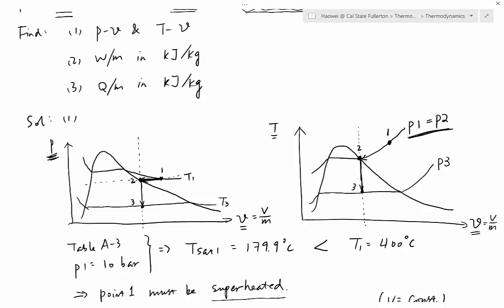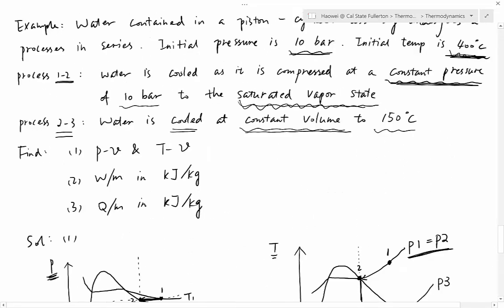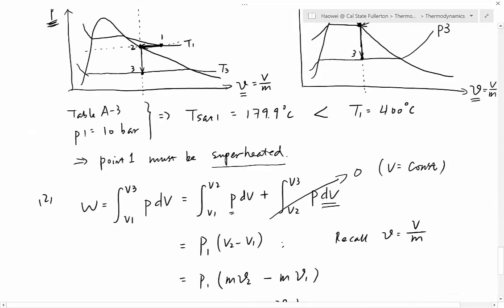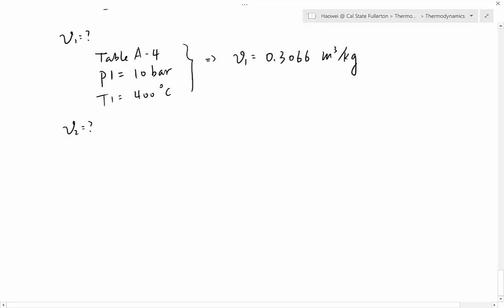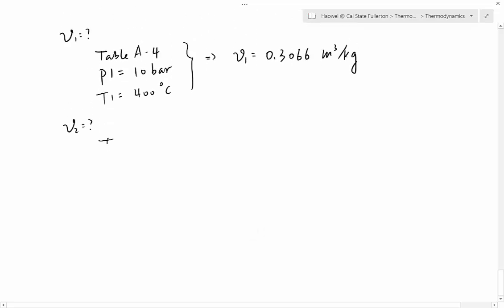So what do we know about point number 2? Do we know the temperature or do we know the pressure? 1 to 2 is a constant pressure process, and the pressure is 10 bar. So P2 must be equal to P1, which is 10 bar. So we know pressure. Since we know pressure, we're going to choose table A3.